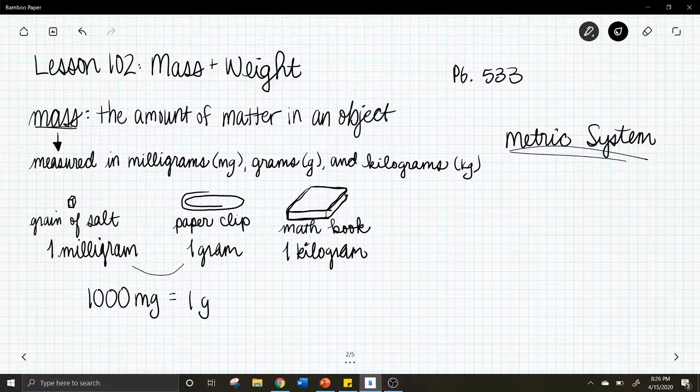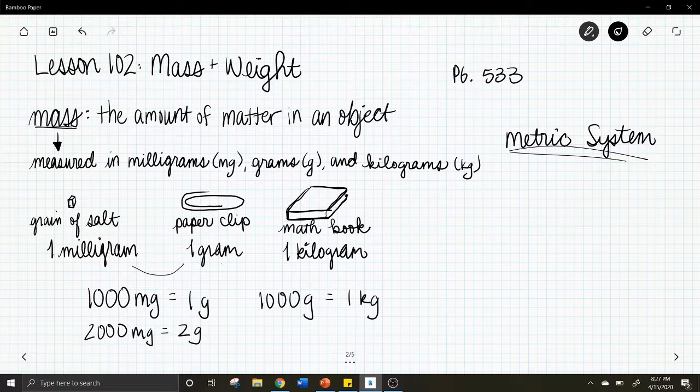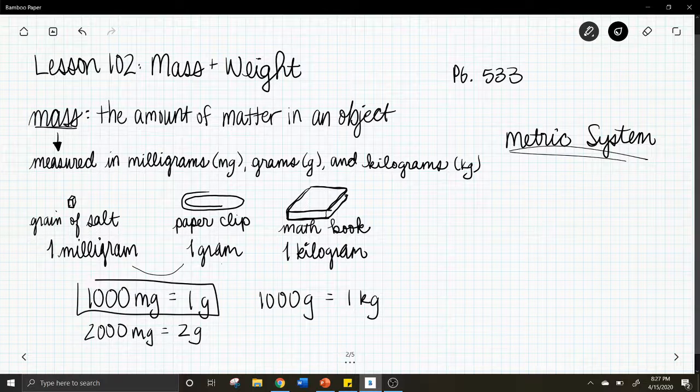So to convert, say we had 2,000 milligrams, that would be 2 grams. So it's sort of like how we convert from centimeters to meters, or millimeters to meters. And then you also need to know that it takes 1,000 grams to equal 1 kilogram. So 1,000 milligrams equals 1 gram, 1,000 grams equals 1 kilogram. So make sure you write these down and you know these conversions.